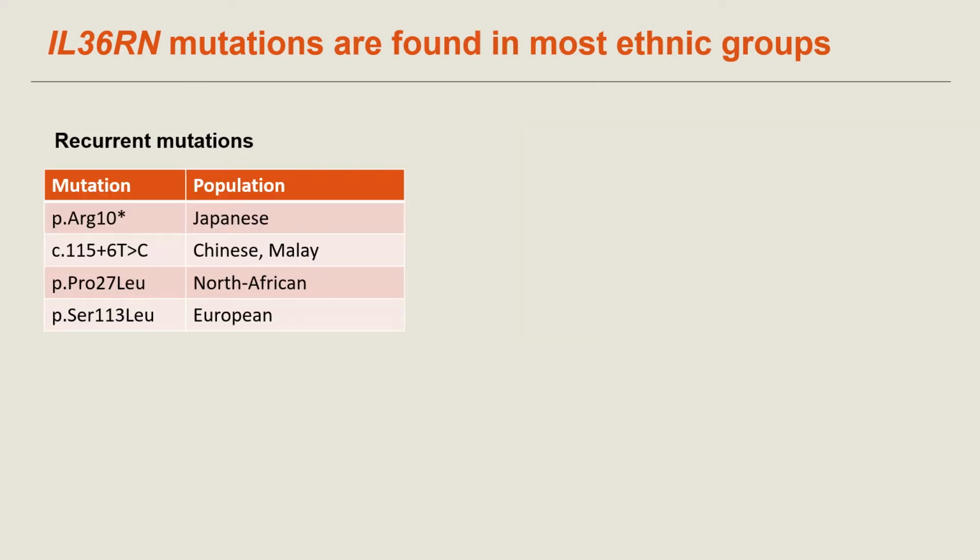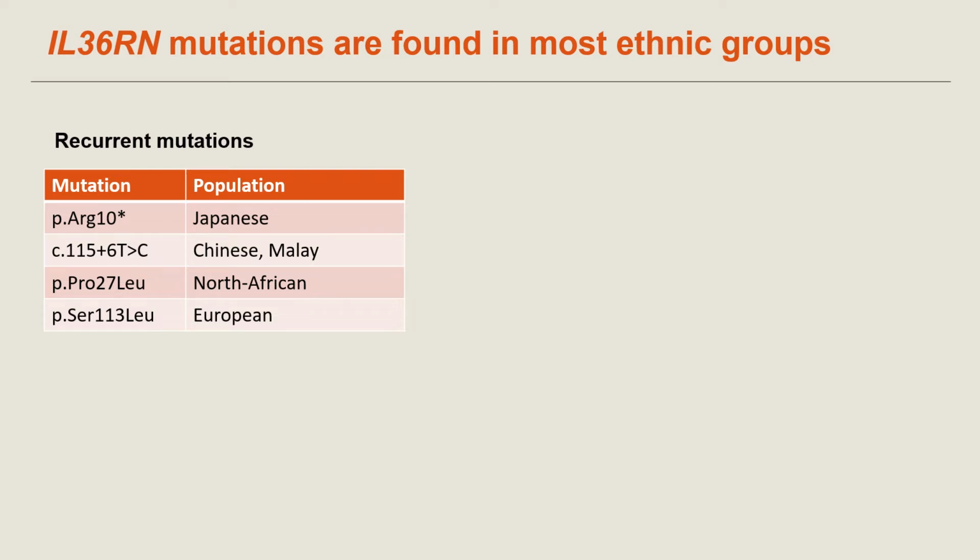So I said earlier that IL36RN mutations are observed in roughly 25% of individuals with generalized pustular psoriasis. And something else that we've learned over the years by screening patient cohorts is that these mutations are found across all ethnic groups.